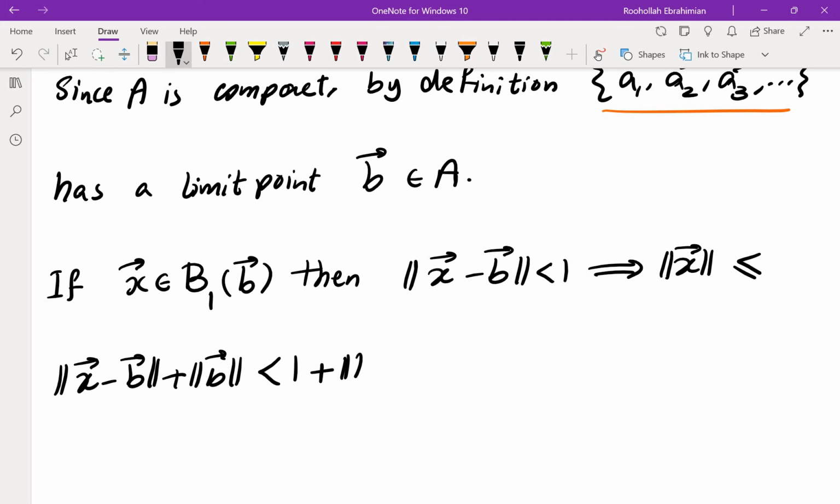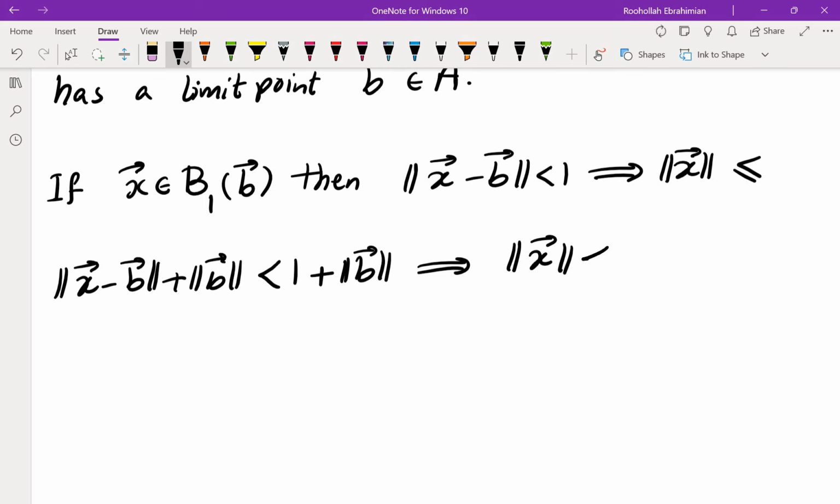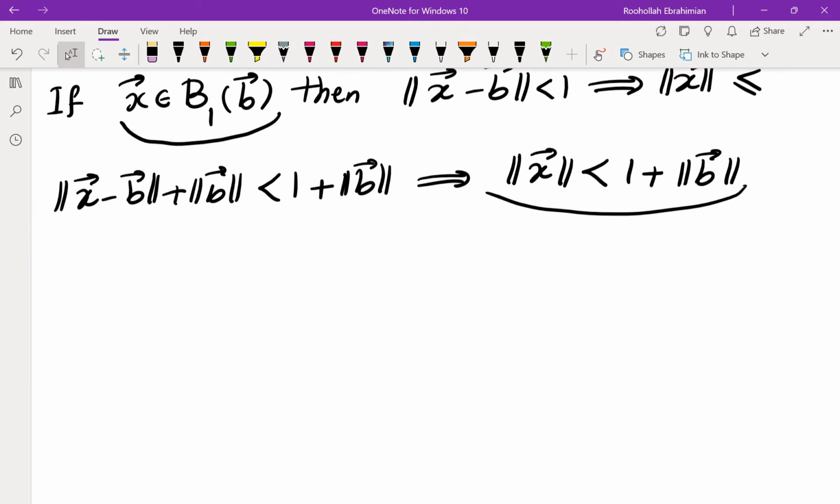So what does it mean? It means the norm of X doesn't go to infinity, so it's less than 1 plus the norm of B. Okay, so we showed that anything in here is going to have to be less than 1 plus the norm of B. So what does that mean?